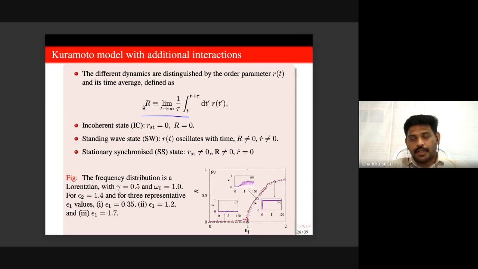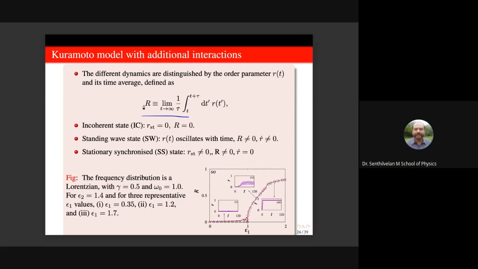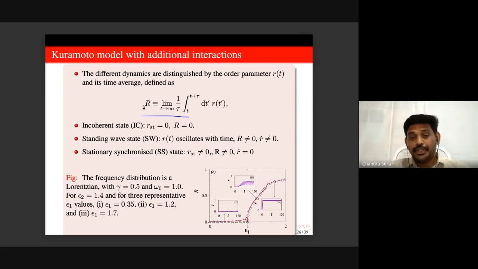So this state emerged due to the introduction of the asymmetry parameter. Here the incoherent state and standing wave state are similar to the Kuramoto model, but the stationary synchronized state is induced due to the introduction of the asymmetric parameter of the system.